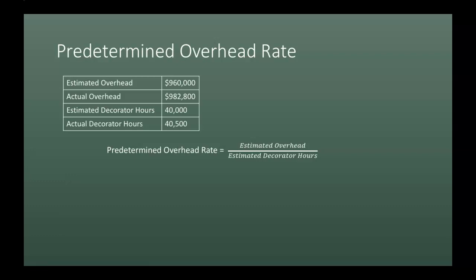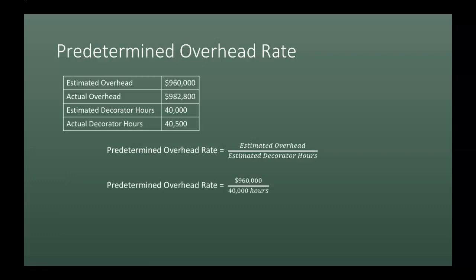So we take our estimated overhead, our dollar amount, and we divide that by our estimated decorator hours, or whatever your cost driver is in this scenario. So then this way, our predetermined overhead rate will give us a dollar per decorator hour answer.